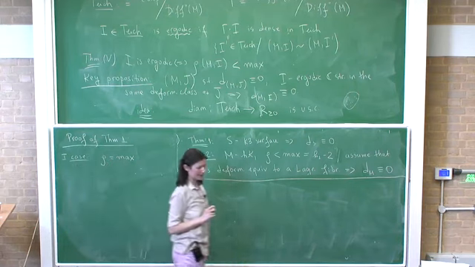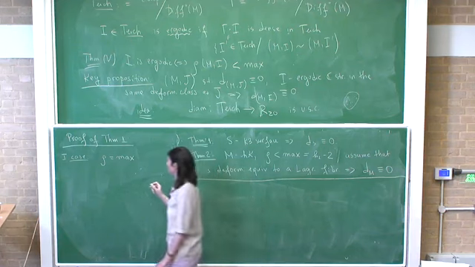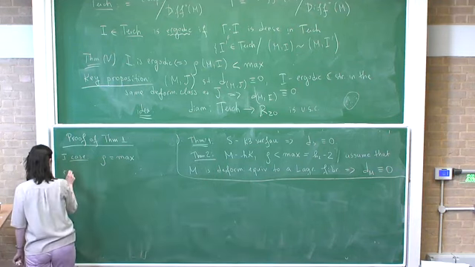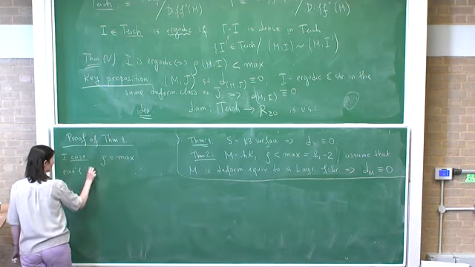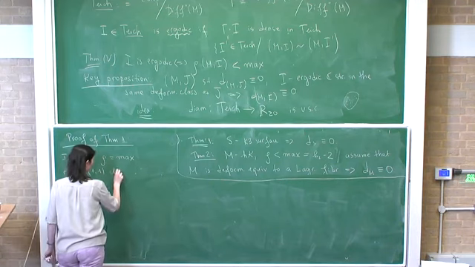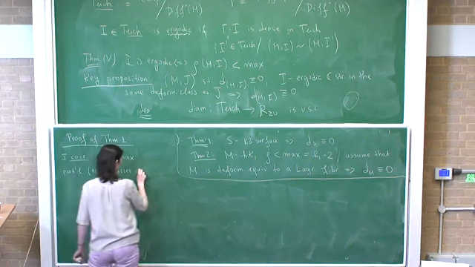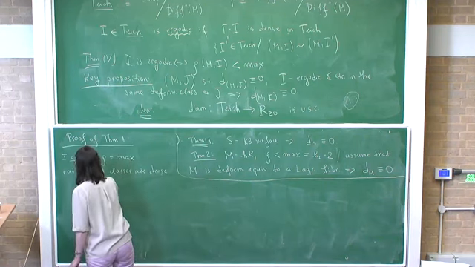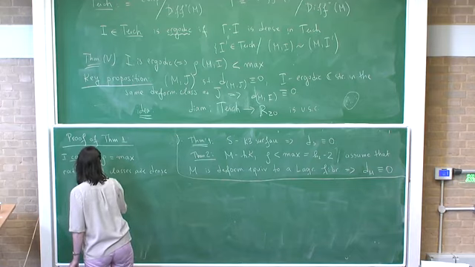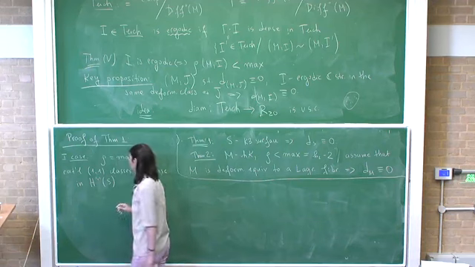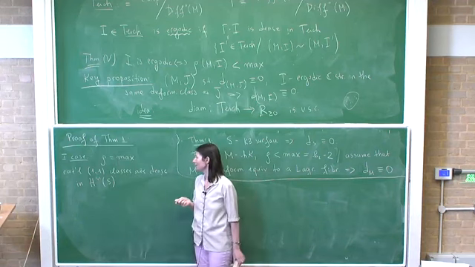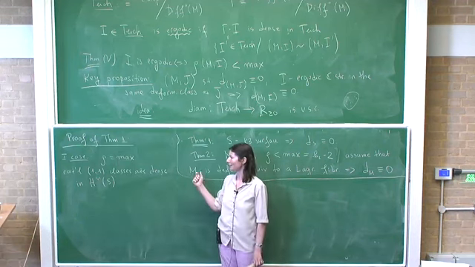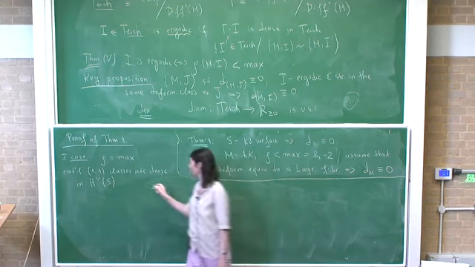So in this case, the rational (1,1) classes are dense in H^{1,1}, which means that there exists a rational (1,1) class inside of the Kähler cone.